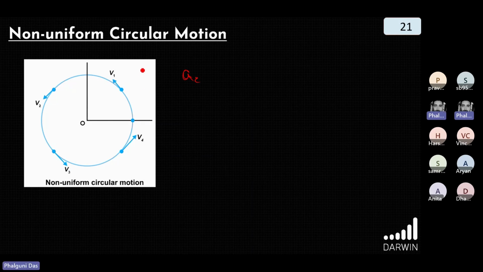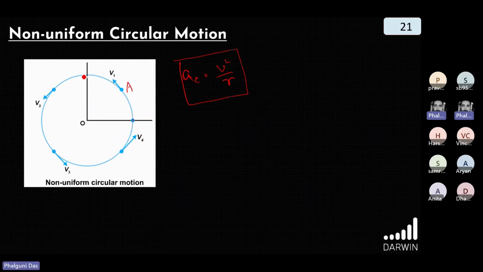Okay, it will be better if I write down the expression, that is V square by R. So centripetal acceleration is V square by R. R is constant since it's moving along a particular circle. What about V? Is V the same? V is not the same, right?